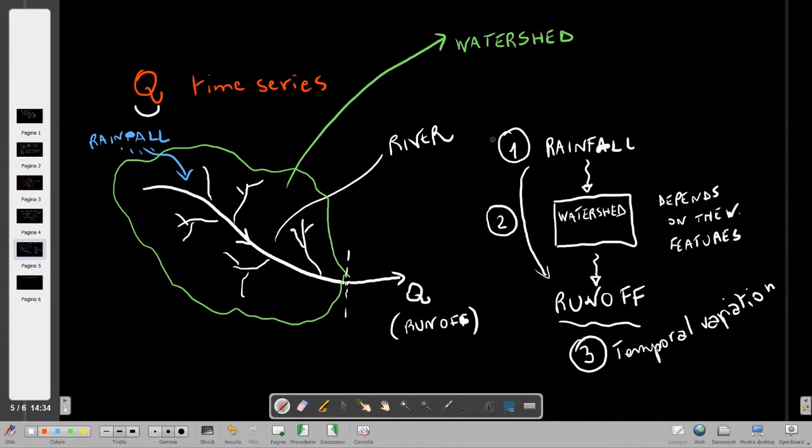So we need to tackle the problem of the rainfall, the problem of the transformation of the rainfall into runoff, and then we need to understand the temporal variation of the design load. So we need to tackle a series of problems.